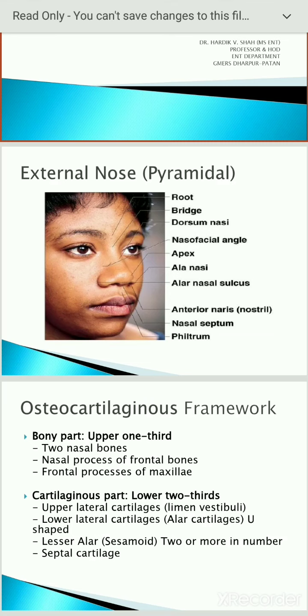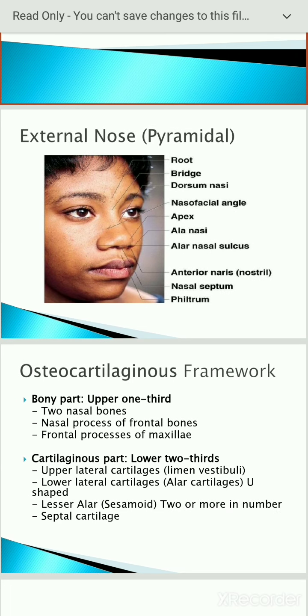The ridge between face and nose is known as nasofacial ridge, and it makes an angle. The angle of nose with the face is known as nasofacial angle. Now when we look at the tip, the highest point is the apex of the nose.